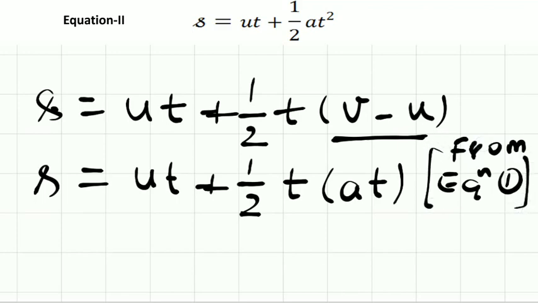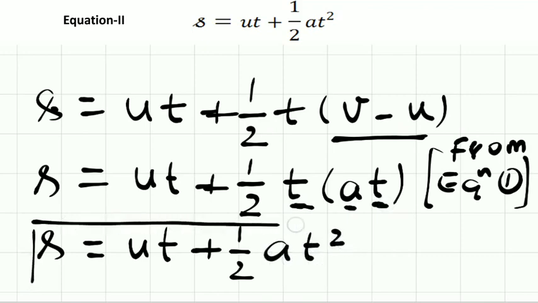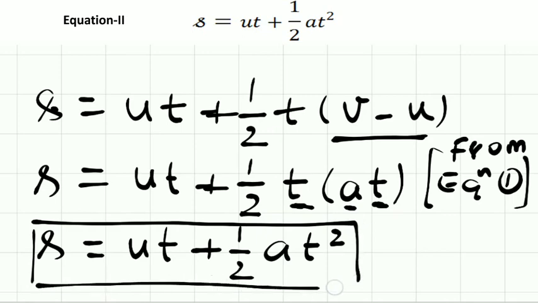Now this becomes s is equal to ut plus half. Watch here, this t multiplies with this t and becomes t square. So this becomes half t square into a, or at square. And this is our second equation of motion. Hence proved.